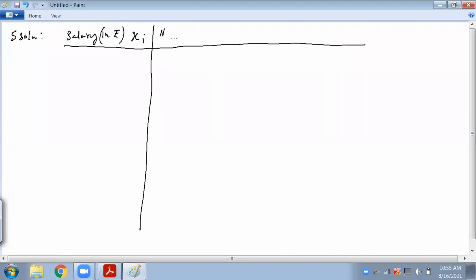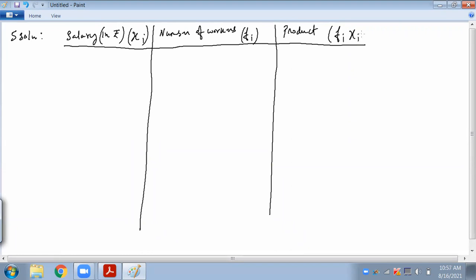We can write number of workers or we can write frequency. Xi, Fi, and then we'll find the product, Fi Xi.